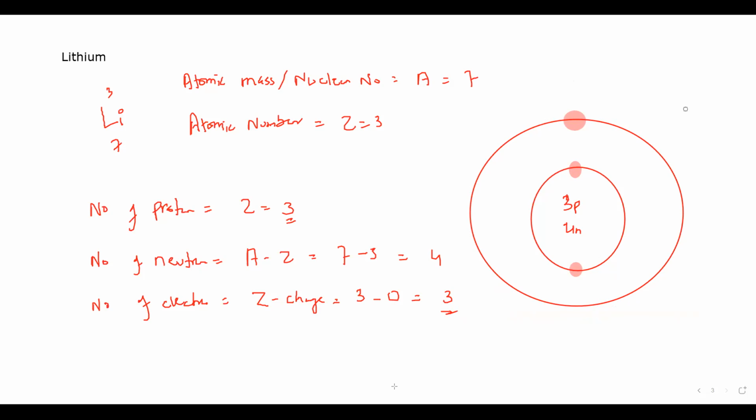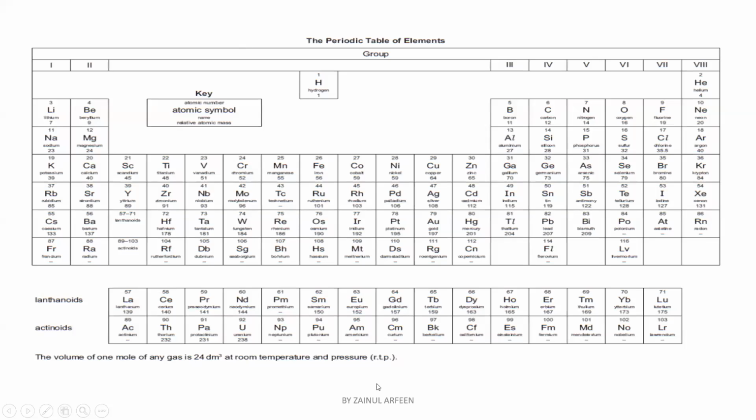Then in a periodic table, when you check the periodic table, we define the terms groups and periods. So group refers to the vertical columns, and what it represents: the group represents the number of electrons in the last shell.